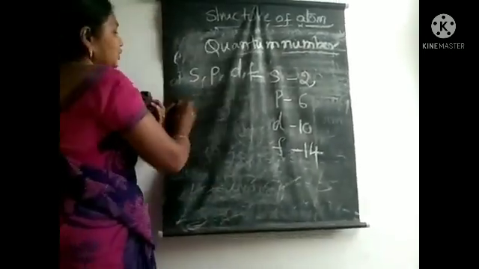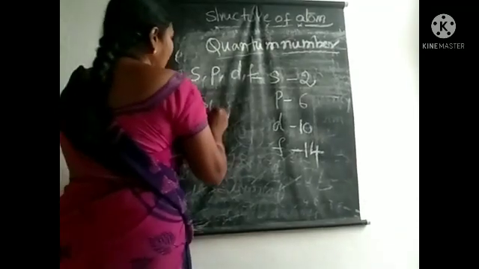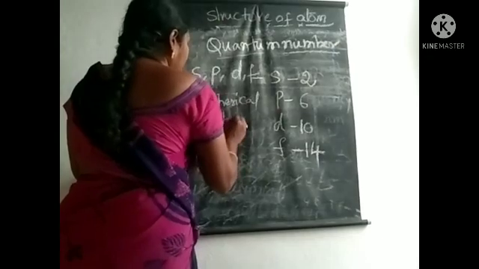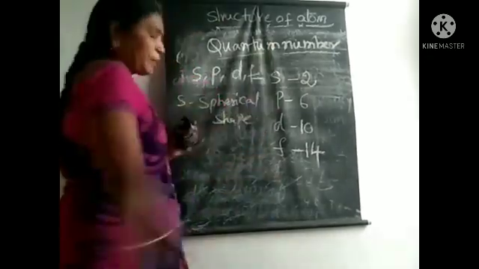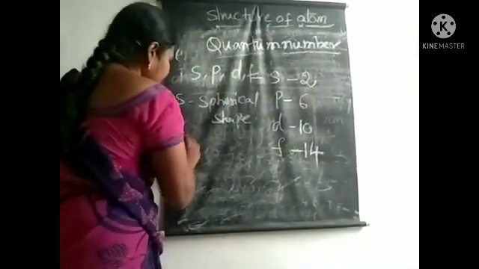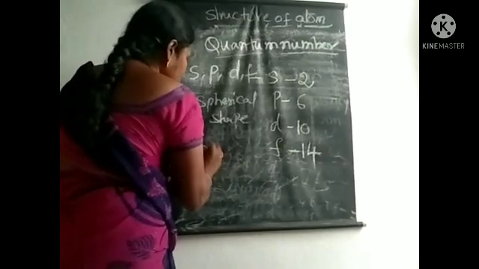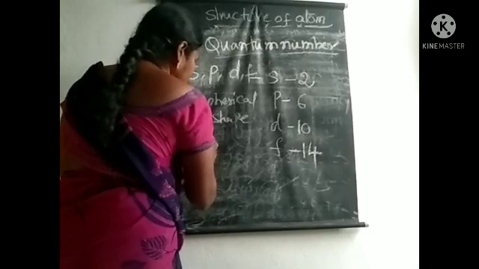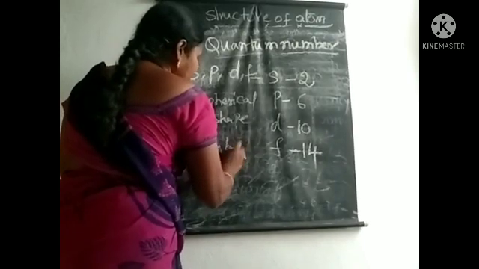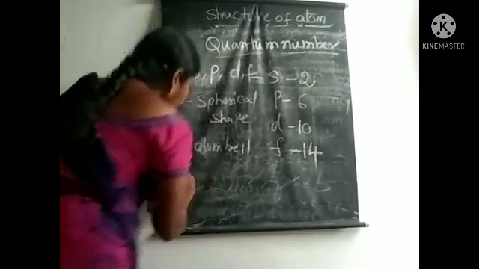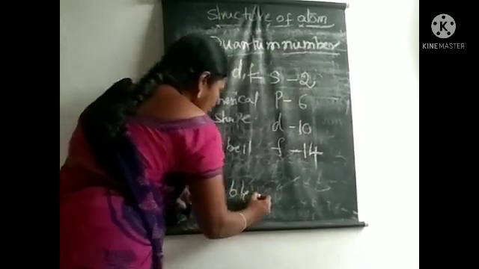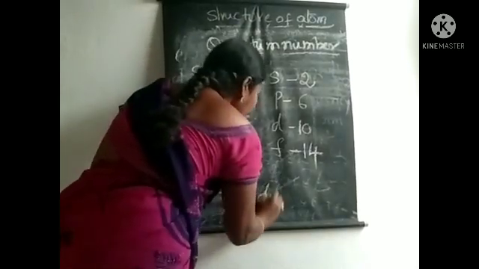Now, the s orbital is spherical in shape. The p orbital is dumbbell in shape. The d orbital is double dumbbell in shape.